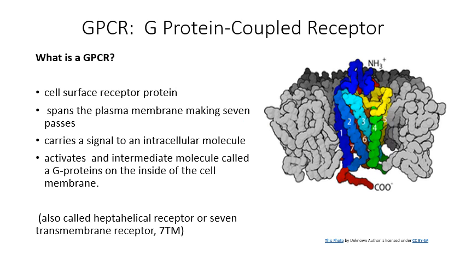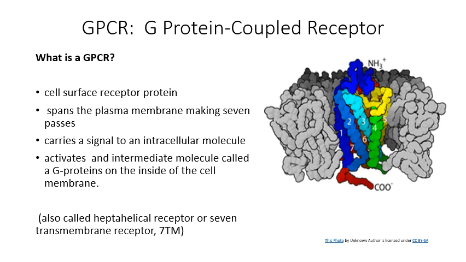Let's look a little more closely at what a G protein coupled receptor is. It is a cell surface receptor protein. That means it receives a message. It's on the cell surface and it is on the exterior so that it can receive a message. But it also spans the plasma membrane.